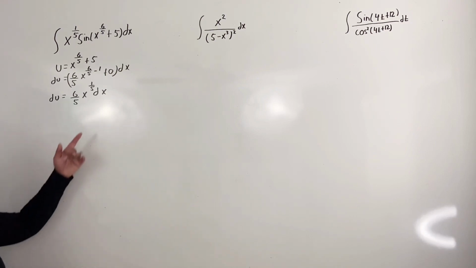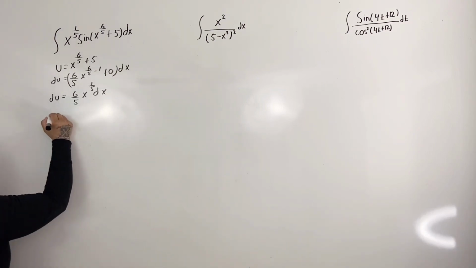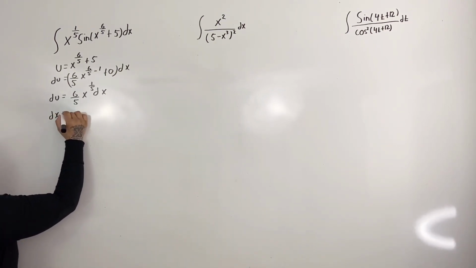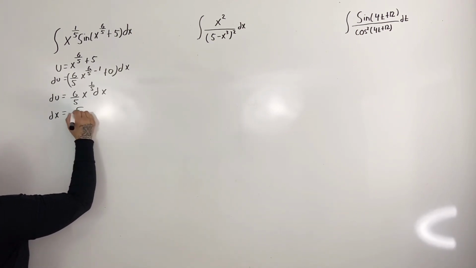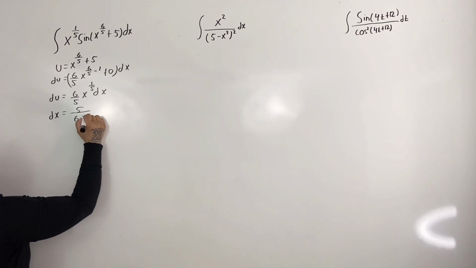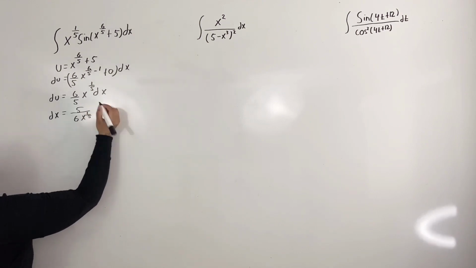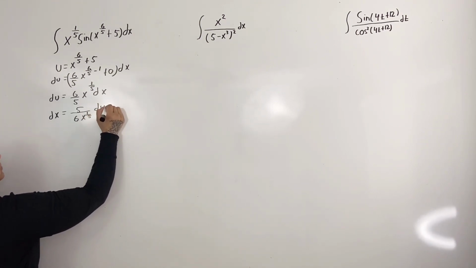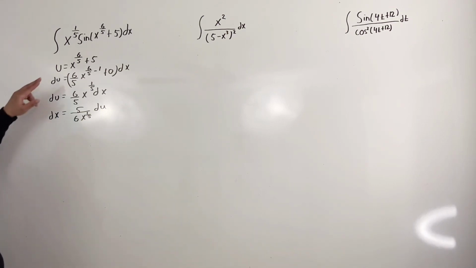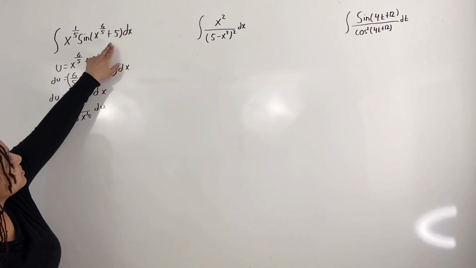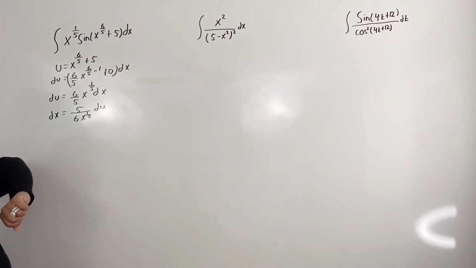And now I will solve for dx. So dx is equal to 5/6 x to the 1/5 du.